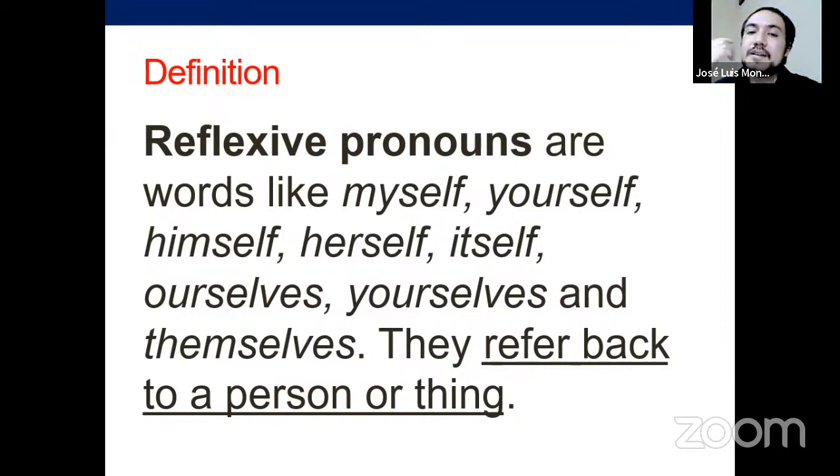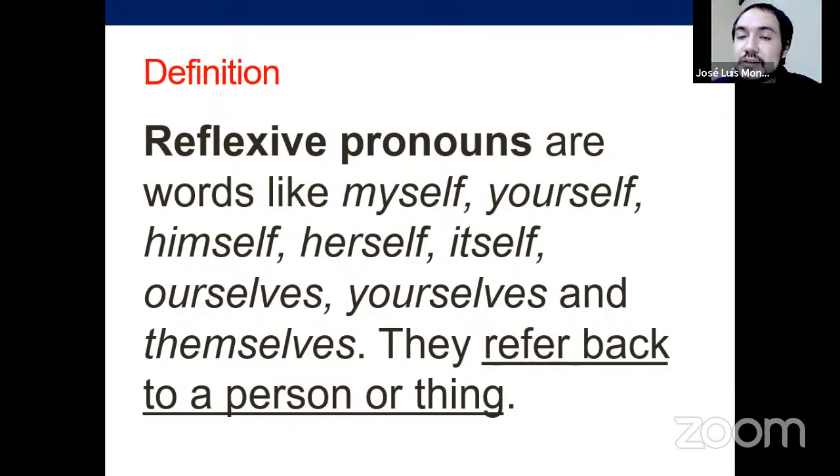The most common way to use these words is when you do an action and you receive that action yourself. You are the one performing the action and you are the one receiving the action. That's perhaps the most common way of using these words.